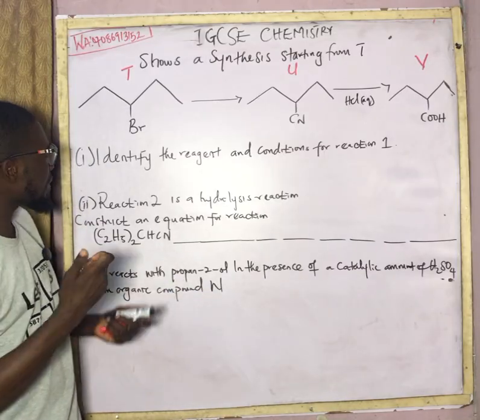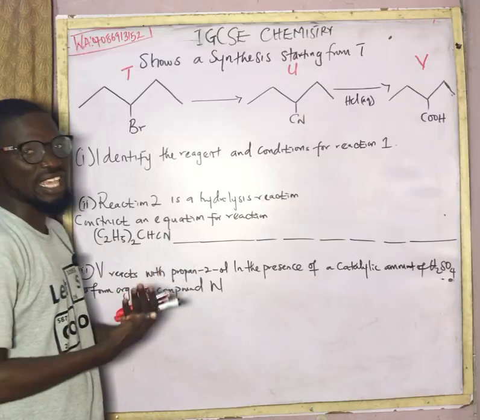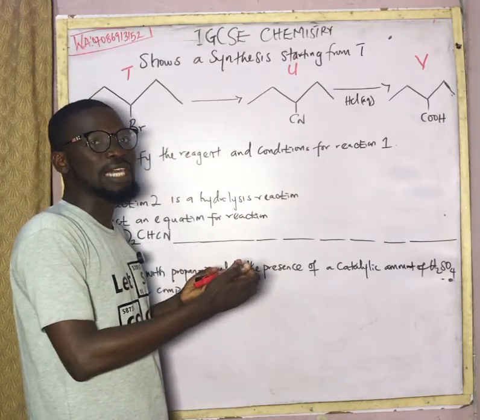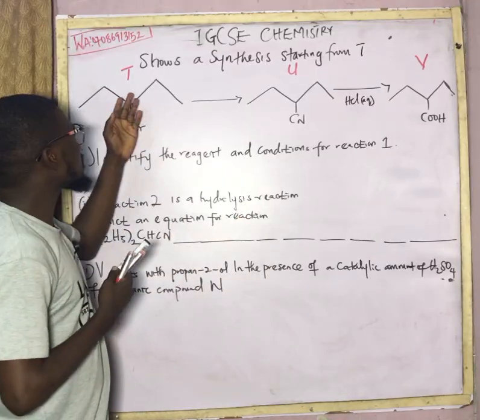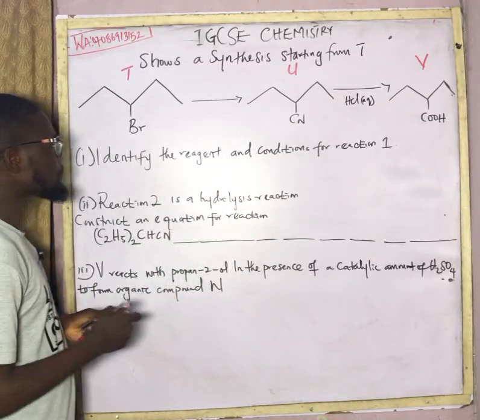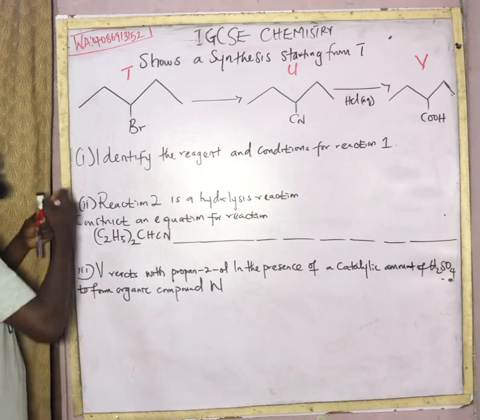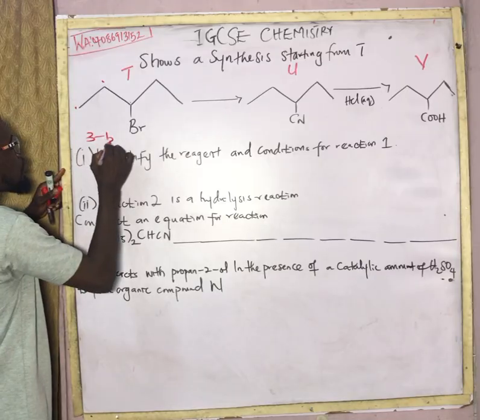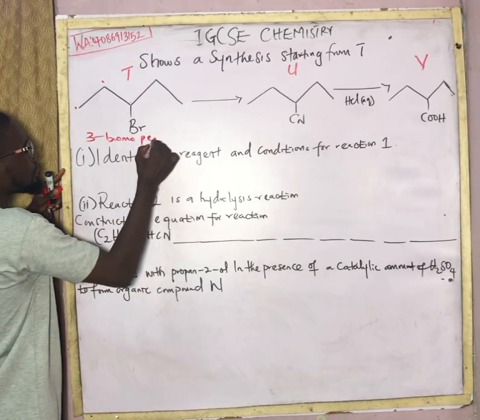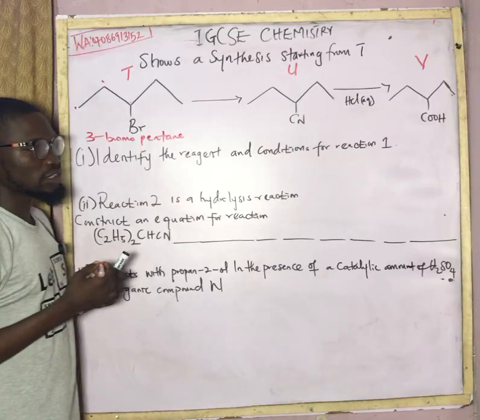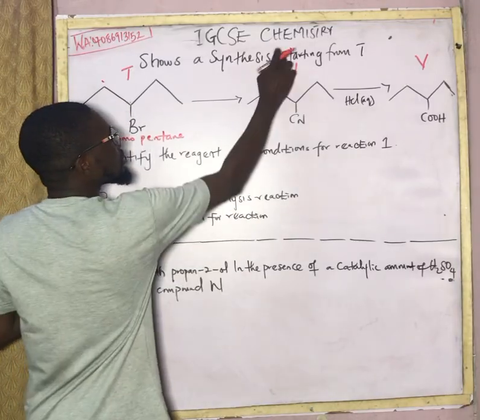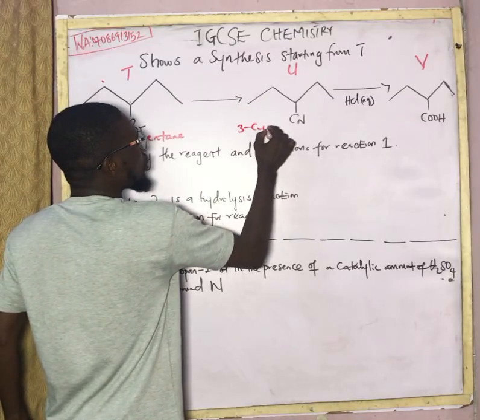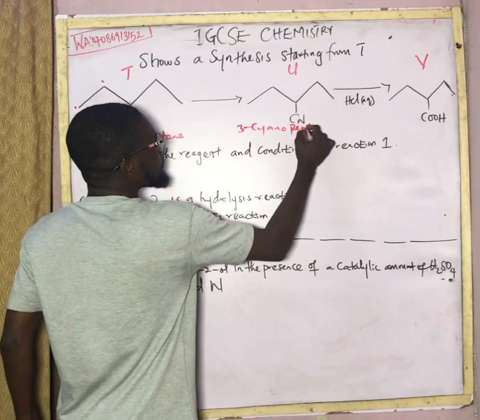Is that clear now? The first thing you are going to do as far as IGCSE chemistry is concerned is that you need to know how to name the compounds given for T, U, and V. Now, this compound, when you have 1, 2, 3, 4, 5, is named 3-bromopentane for T. The next one is U, which gives us 3-cyanopentane.